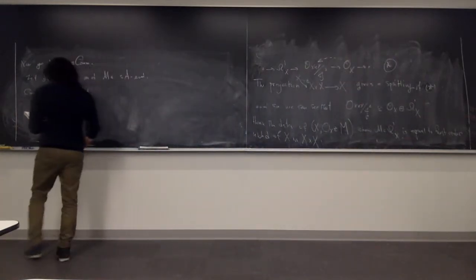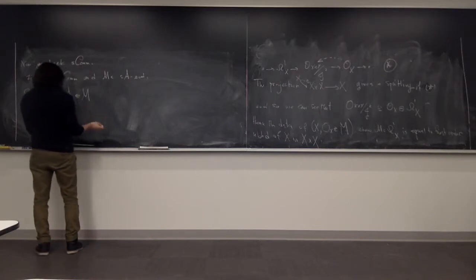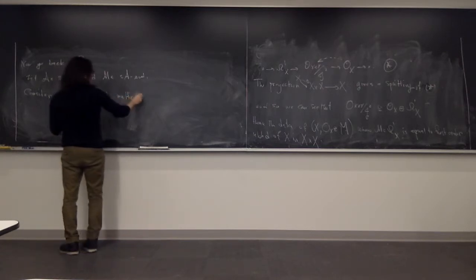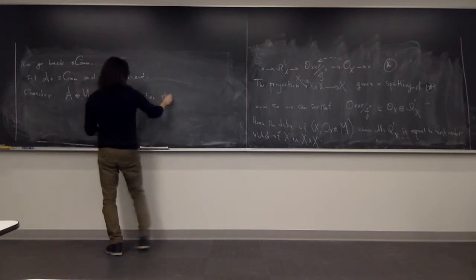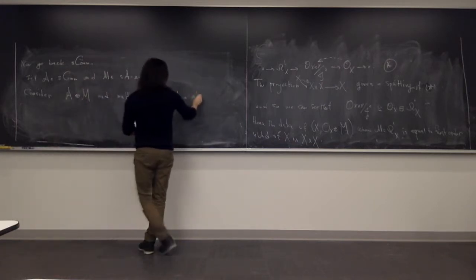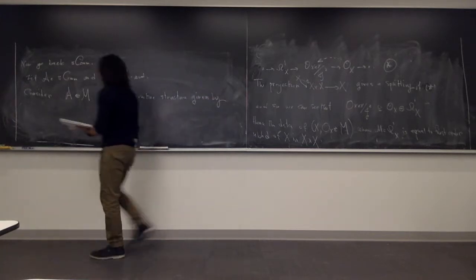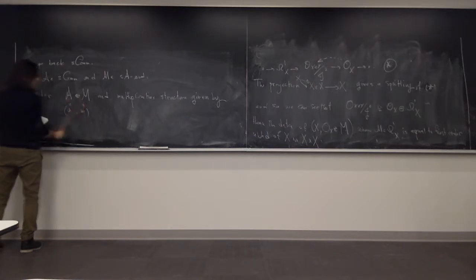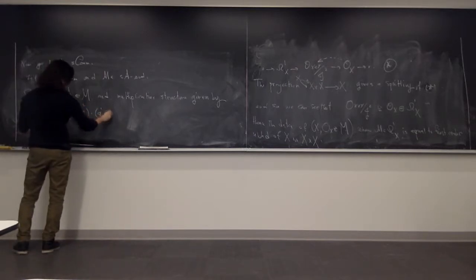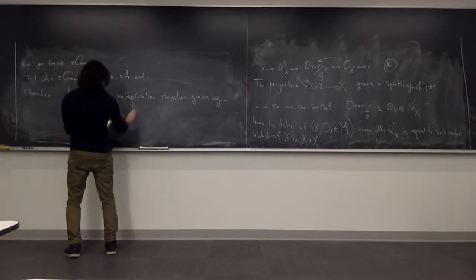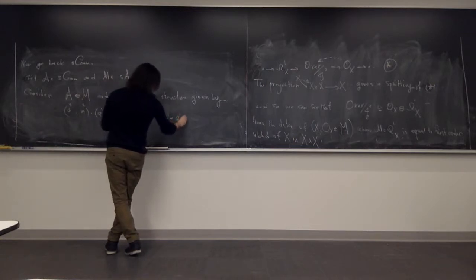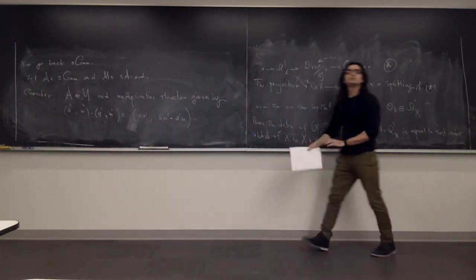Consider this module A plus M, and the multiplicative structure given by, so if I pick some A in here and some M in here times A prime comma M prime, I would like this to be A prime A, A M prime plus A prime M. Okay.